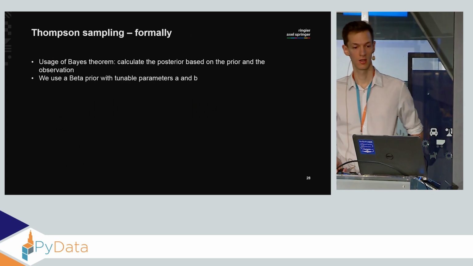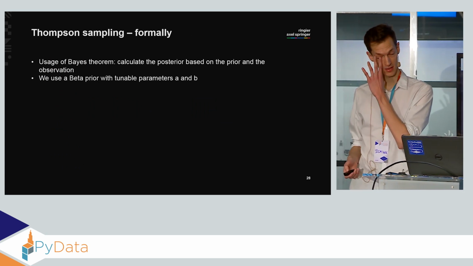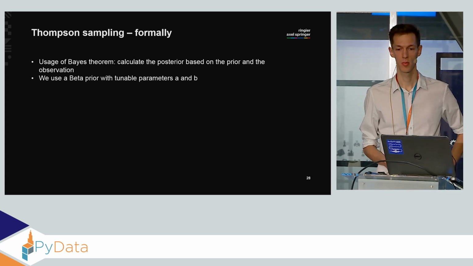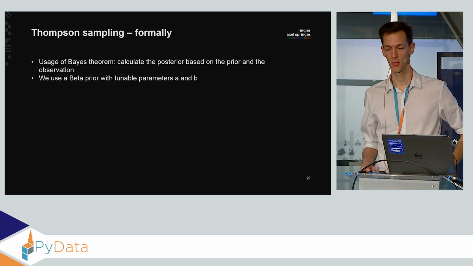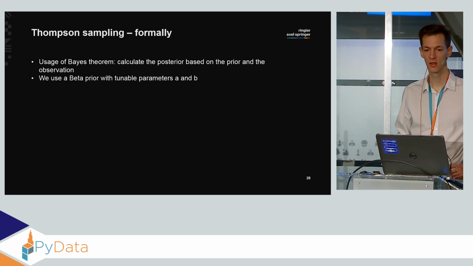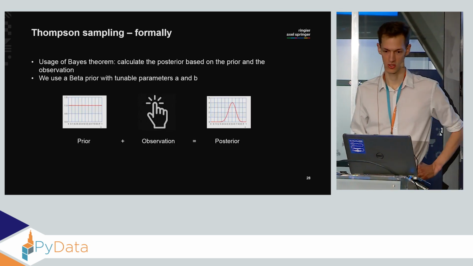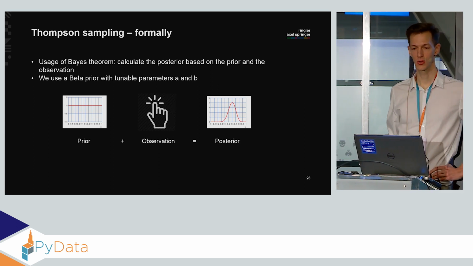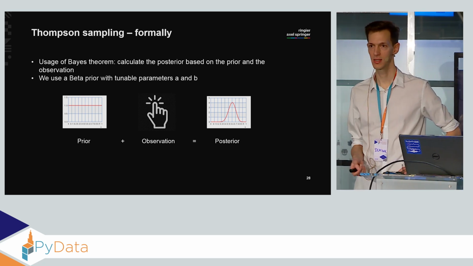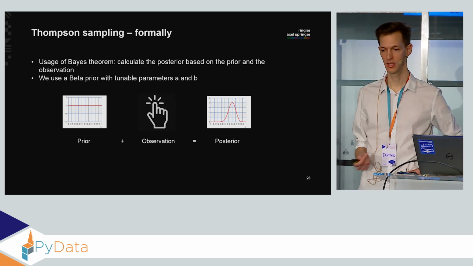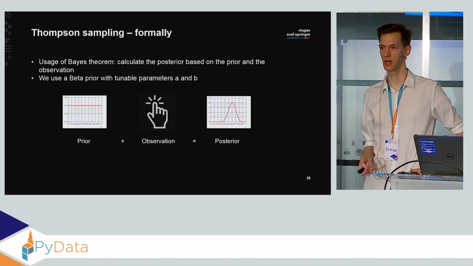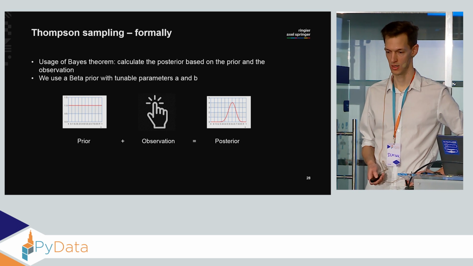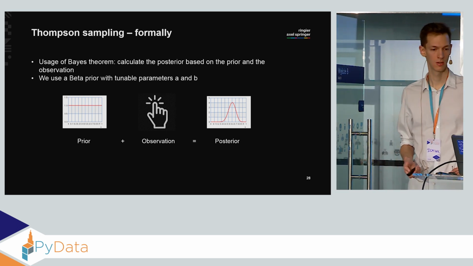More formally, we take advantage here of Bayes' theorem, which, among other things, allows us to estimate the posterior probability based on the prior probability and observation, which is quickly illustrated this way. And in our case, we use a beta prior, which is really handy because it has two parameters, A and B, that can be used to directly influence the way in which the function will be skewed.